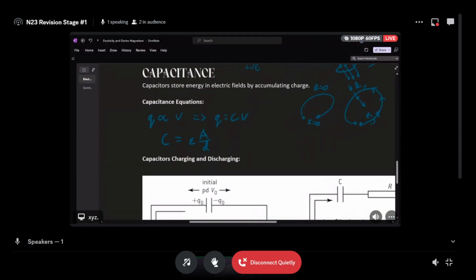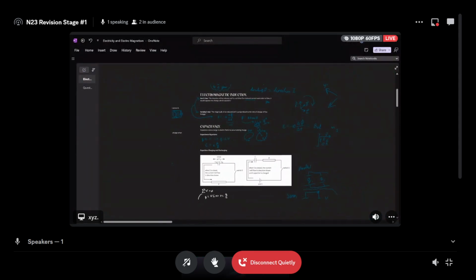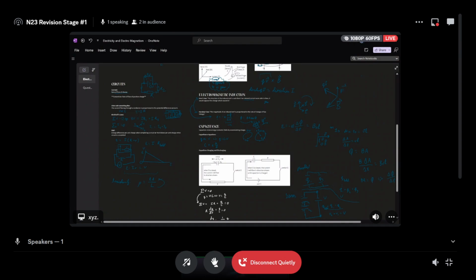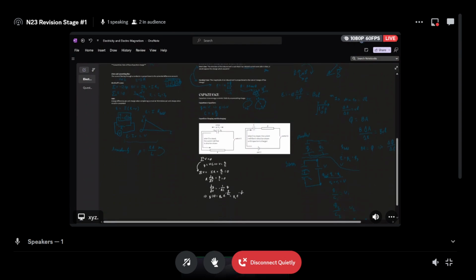And the greater the permittivity, the greater the capacitance, which means that a greater amount of charge will be stored per volt.